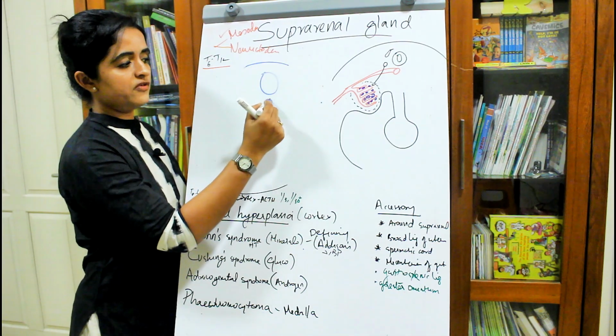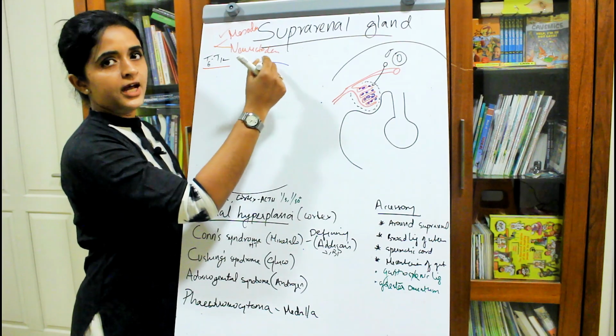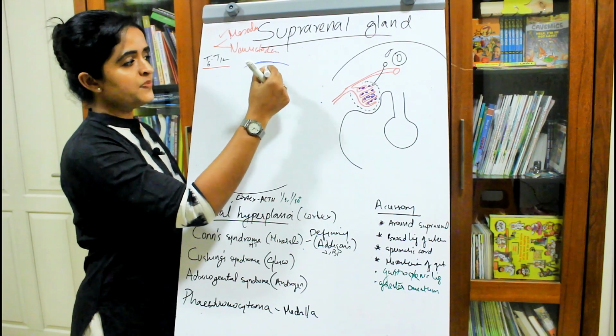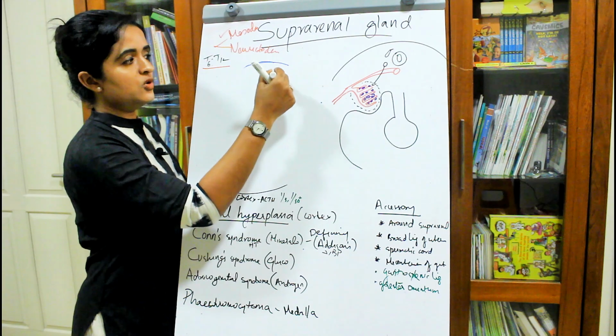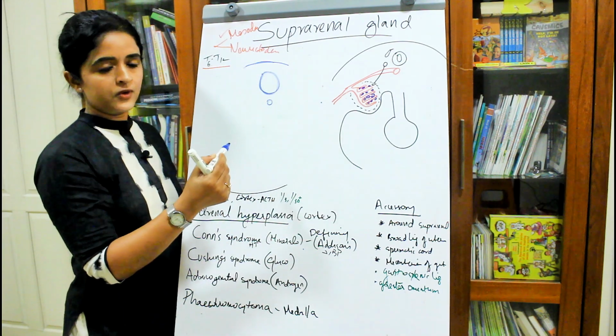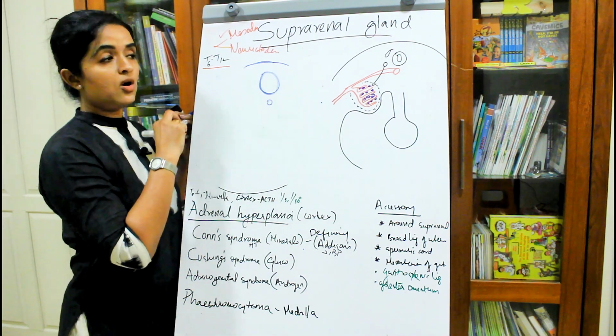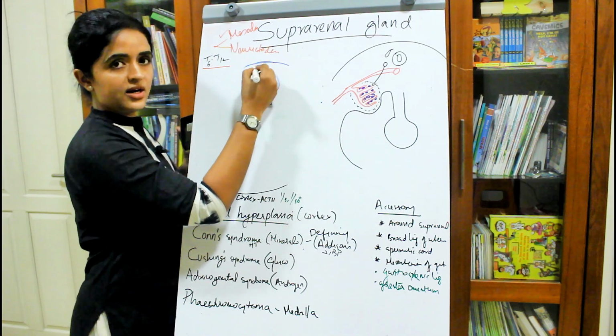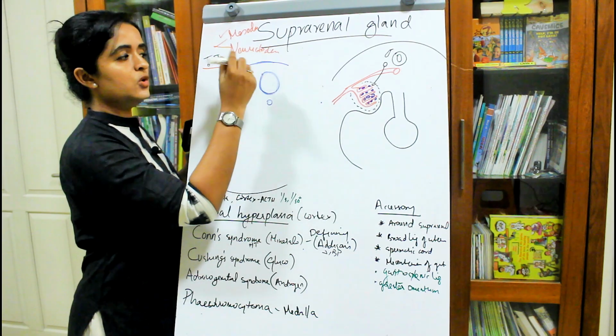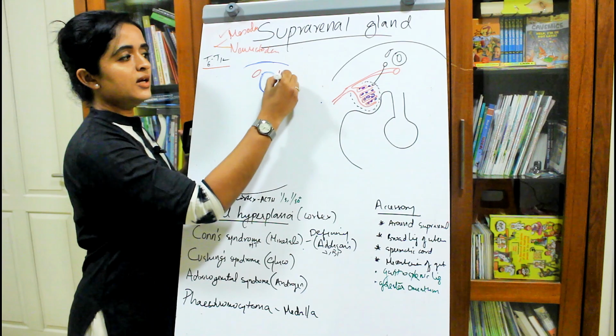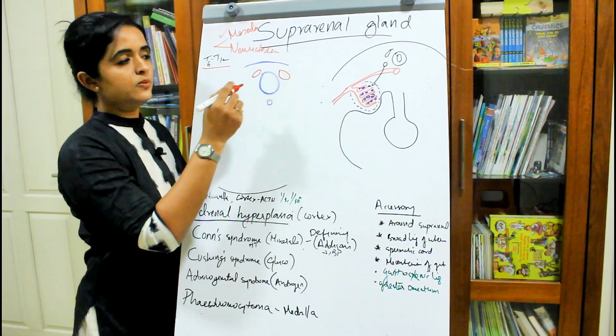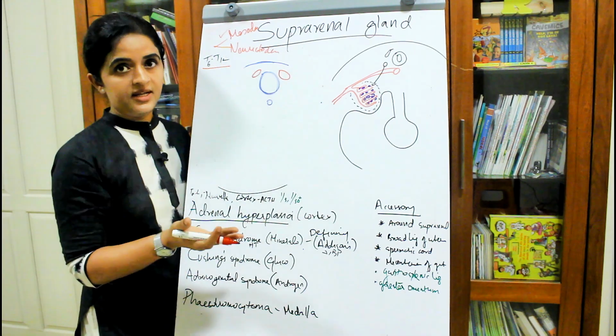The notochord induces the ectoderm to form neuroectoderm, and from the neuroectoderm the neural tube is formed. But some of the cells of the neuroectoderm, which are folding inwards to form the neural tube, won't merge with the neural tube, but will stay separately.